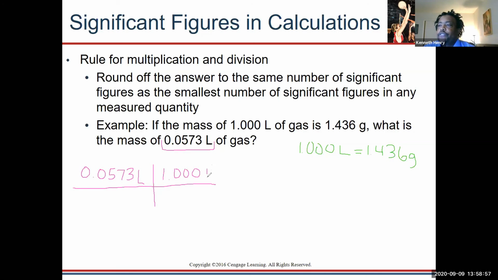I put 1.00 liters right next to the other liters. So are they going to cancel each other out? Oh, no. That's going to give me liter squared. Do I want liter squared? No. Aren't I trying to get rid of liters? So on the bottom, where would I put it? I put it at the bottom? Yeah. Okay.